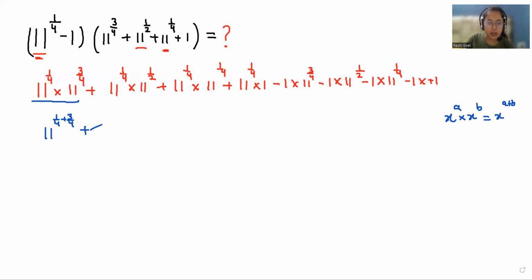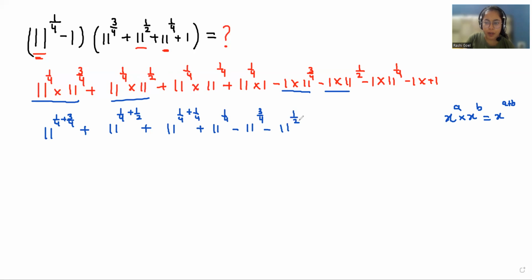Similarly, in the next two terms, we can write 11^(1/4 + 1/2) plus 11^(1/4 + 1/4) plus 11^(1/4), and here minus 11^(3/4), and minus 1 multiply 11^(1/2) is minus 11^(1/2), minus 11^(1/4), and plus 1 multiply minus 1 is minus 1. Now we are going to solve this.